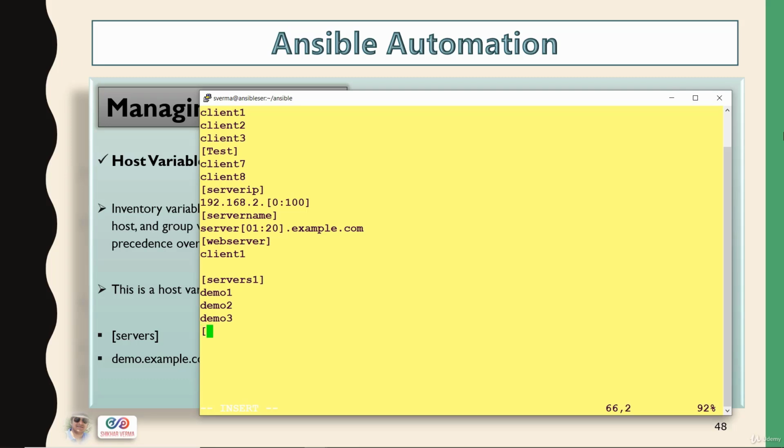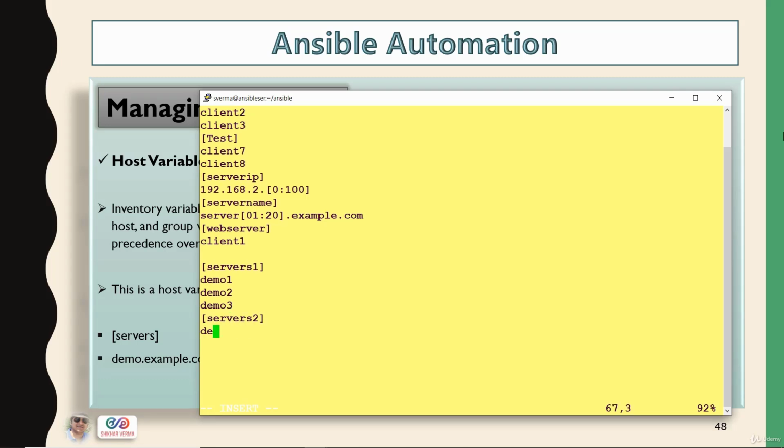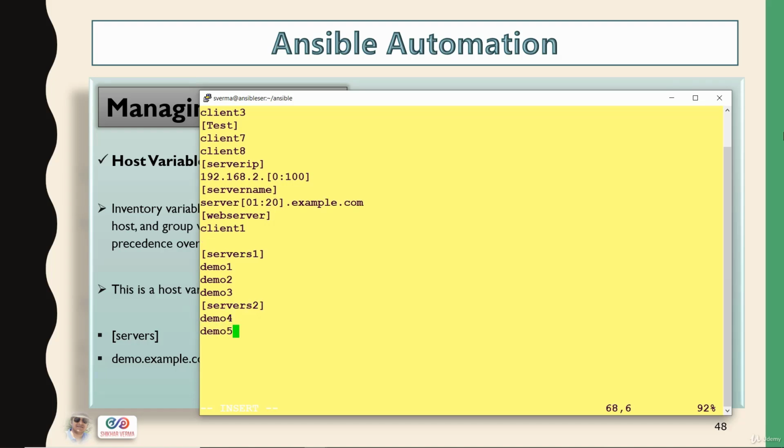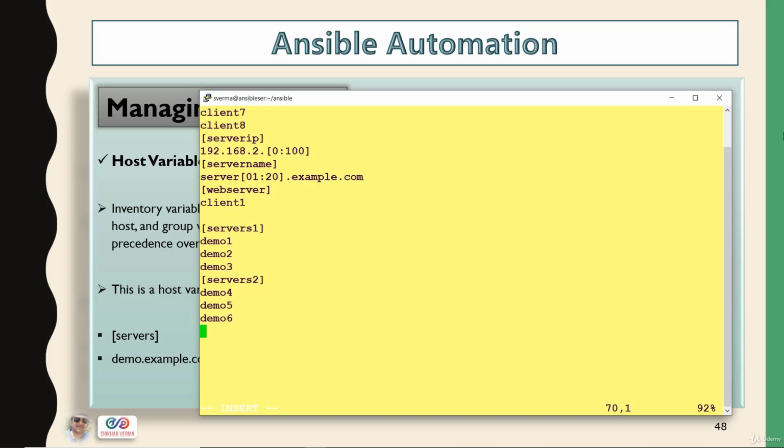Let me create one more group, servers2, and put a few more servers: demo4, 5, 6, 7. You can put n number of servers. You can even put servers that are already defined in some other group, like demo1, in this group as well. So this is defining servers in a group.